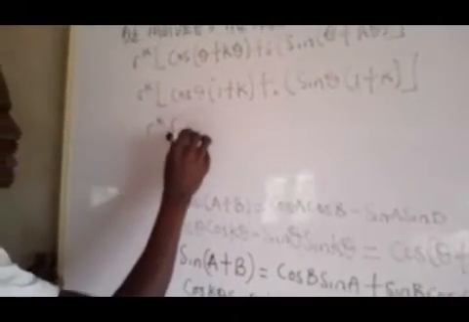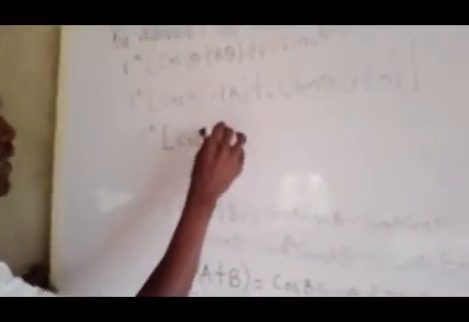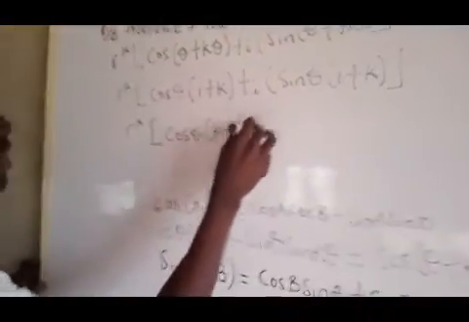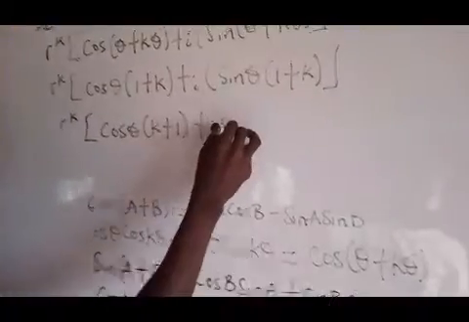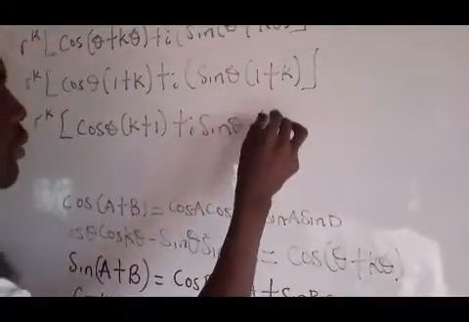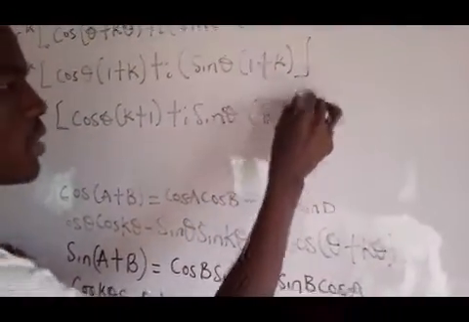We want to rewrite it as cos theta open bracket k plus 1 plus I sin theta open bracket k plus 1.